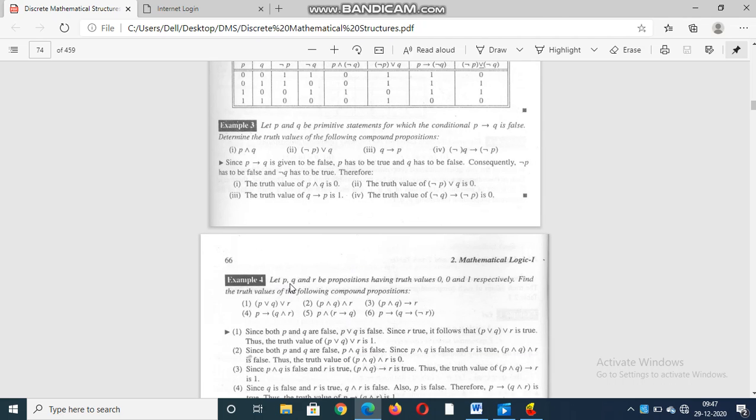Let P and Q and R be the propositions having truth values of 0, 0 and 1 respectively. Find the truth value of the following compound proposition.